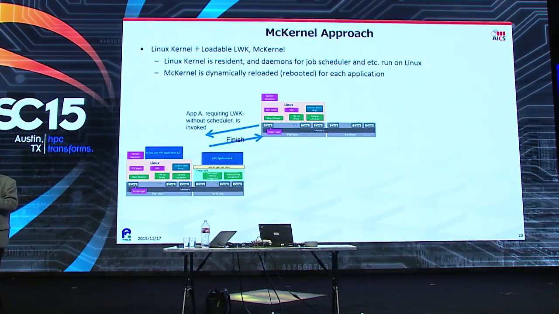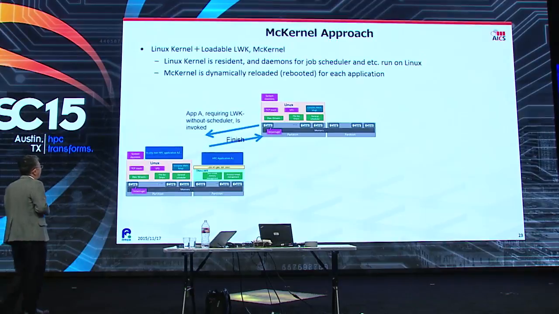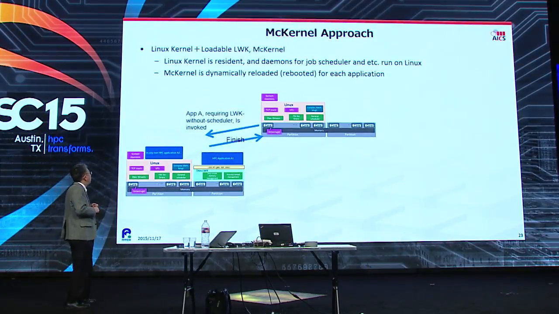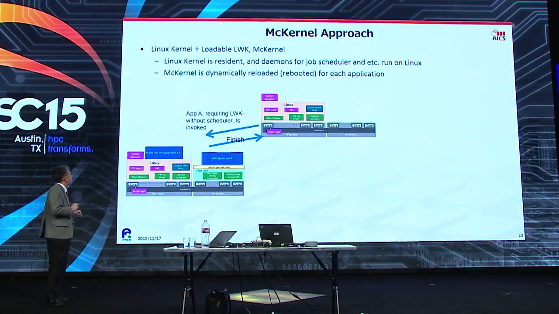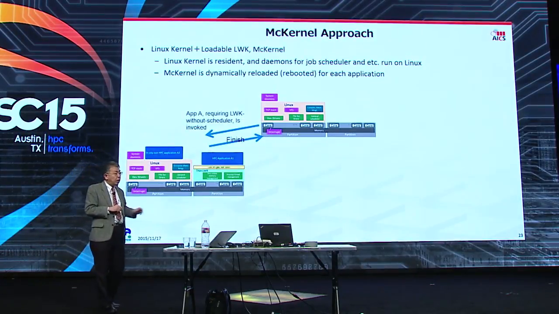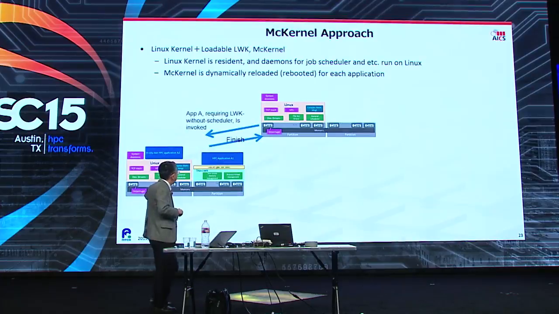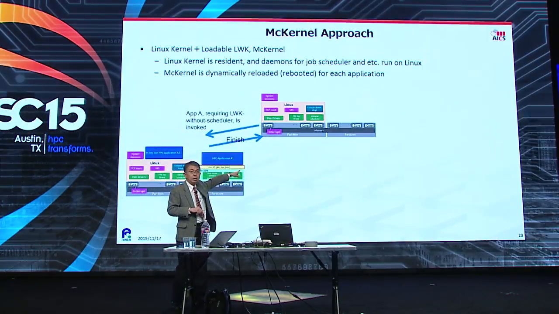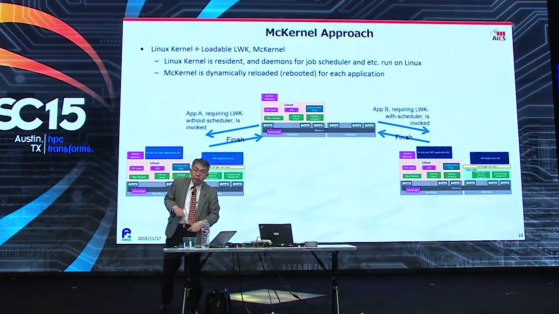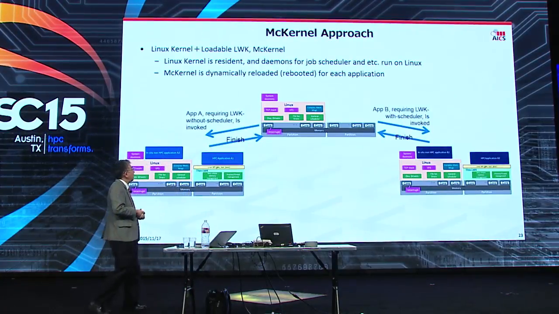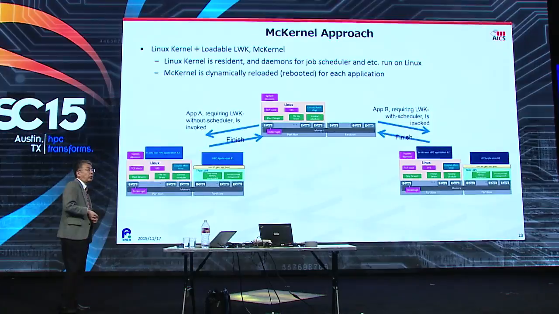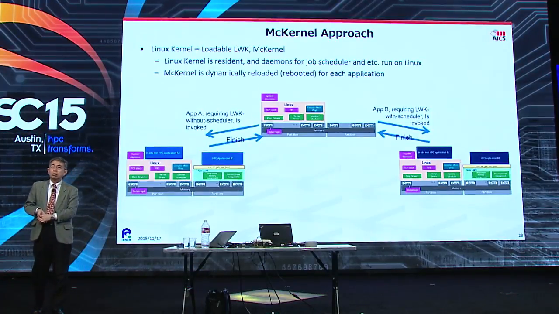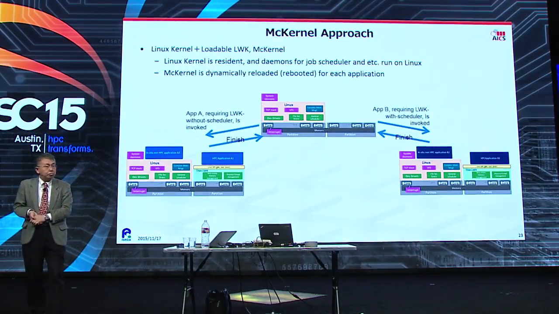Then McKernel without the scheduler is loaded and runs with the application. After finishing the application, it goes back to the initial state, with just the Linux kernel running. When another job is launched, the lightweight kernel is loaded and run.